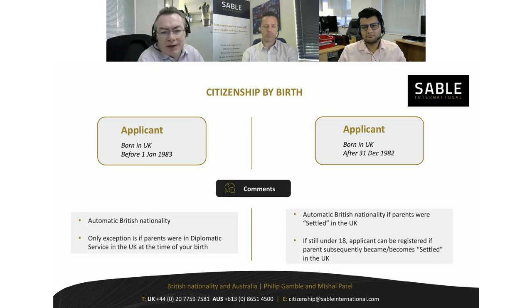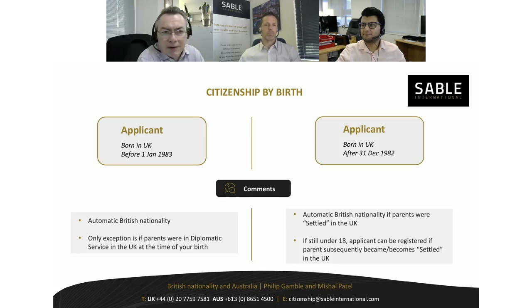So citizenship comes in two forms, depending on whether you were born either side of this particular law change. If you're born in the UK before the 1st of January 1983, you're very likely to have a claim to UK citizenship without any further criteria needing to be met.